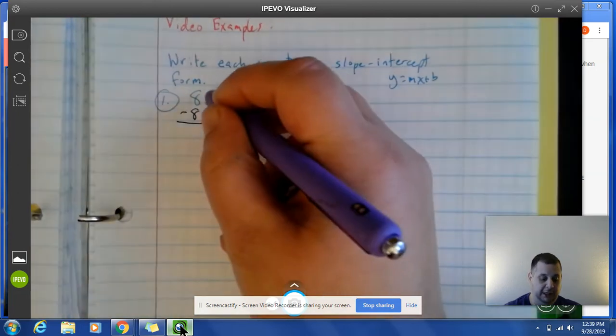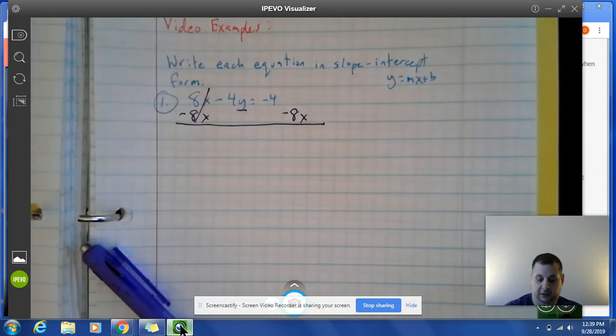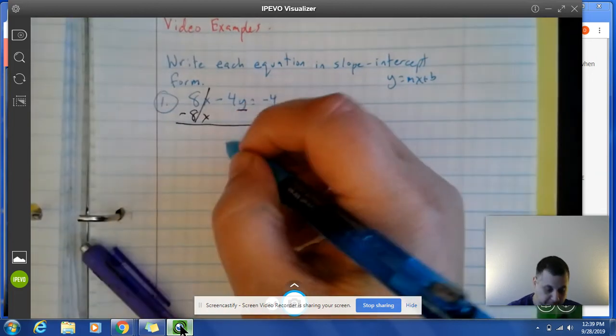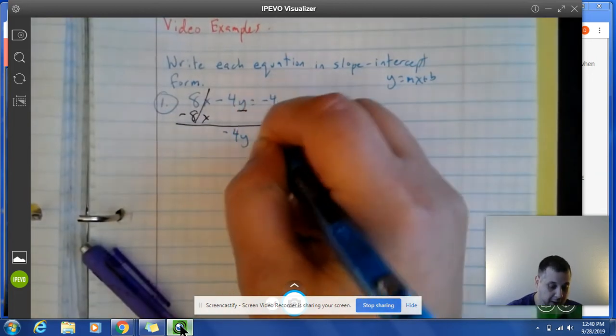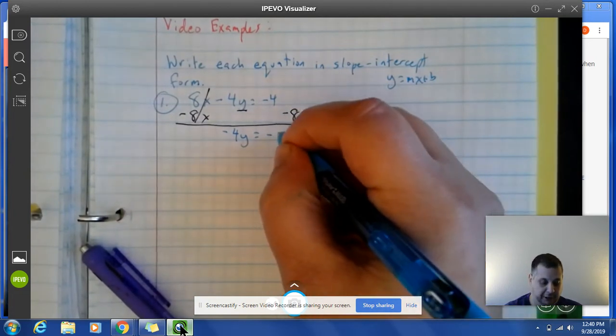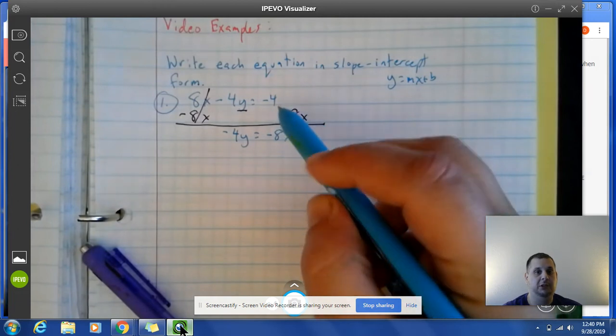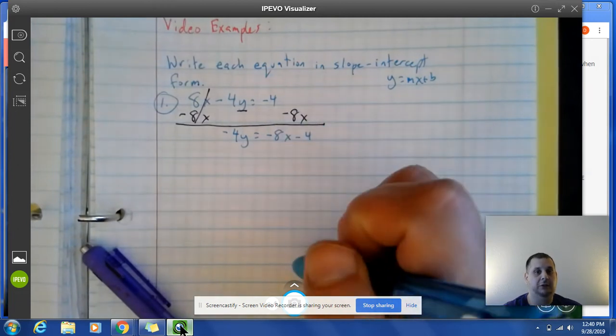So what happens is 8x minus 8x, boom, gone. And so what we have is negative 4y equals, and I'm going to put the negative 8x first, negative 8x minus 4. So now I'm just putting the two terms next to each other, negative 8x minus 4.